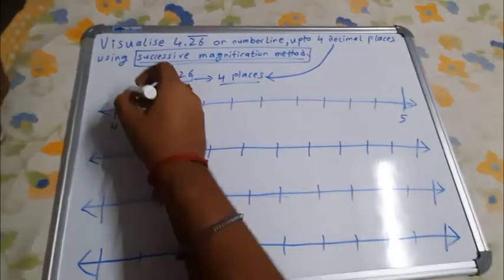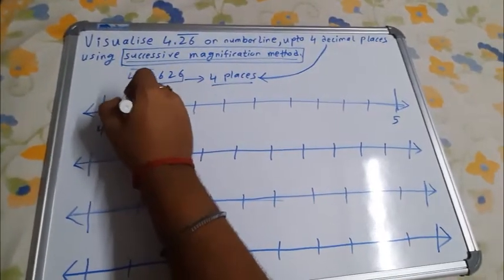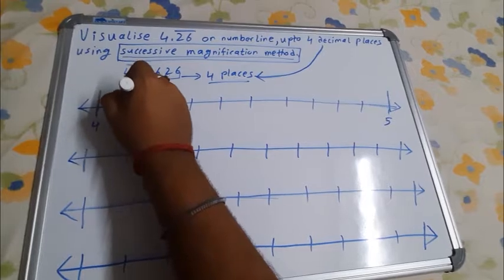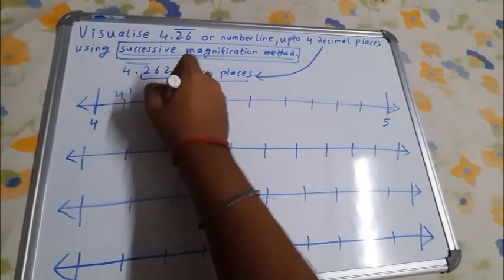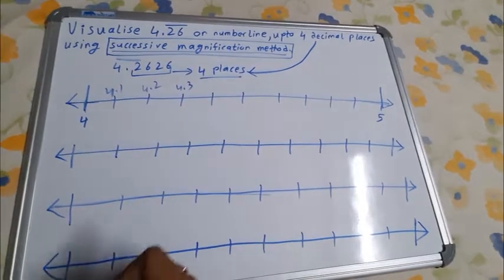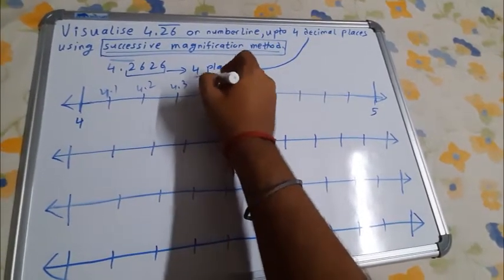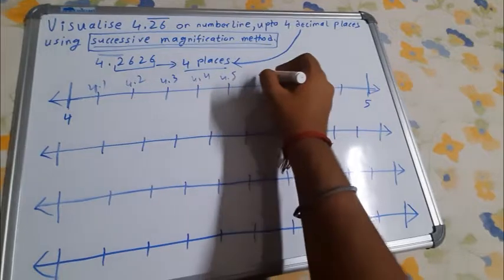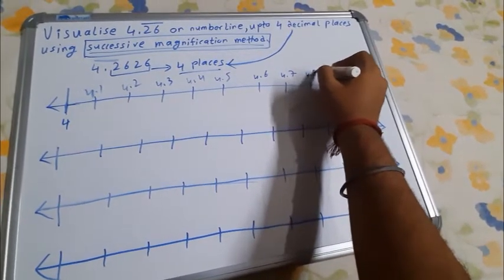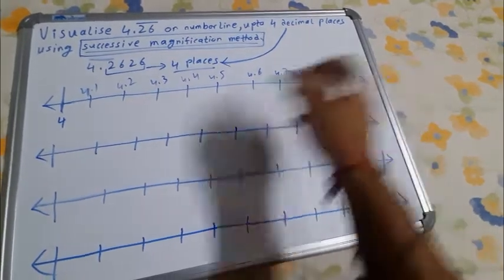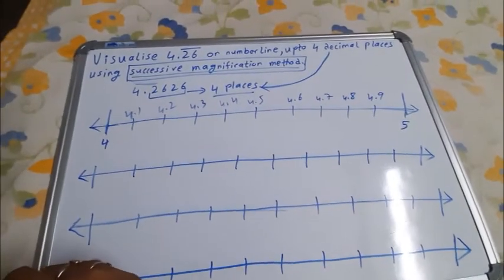Why 9 places? This place will be 4.1, this will be 4.2, 4.3, 4.4, 4.5, 4.6, 4.7, 4.8, 4.9 and 5. Understood how we did this?